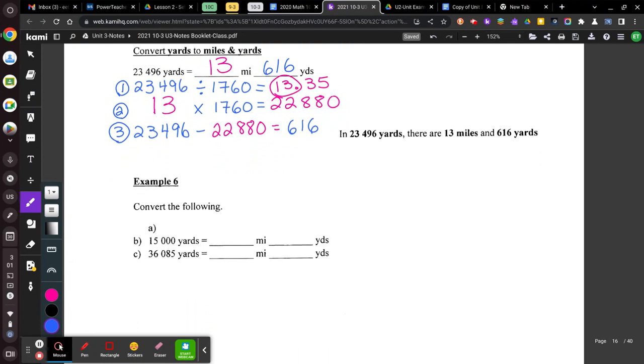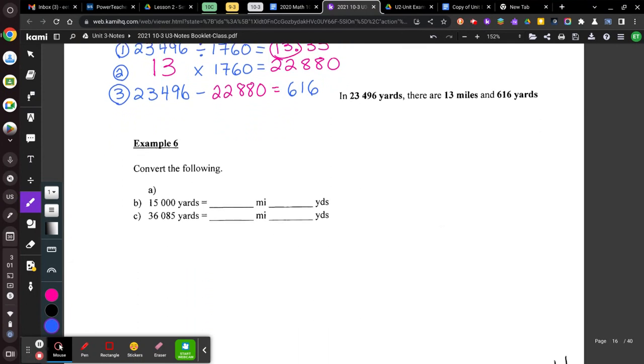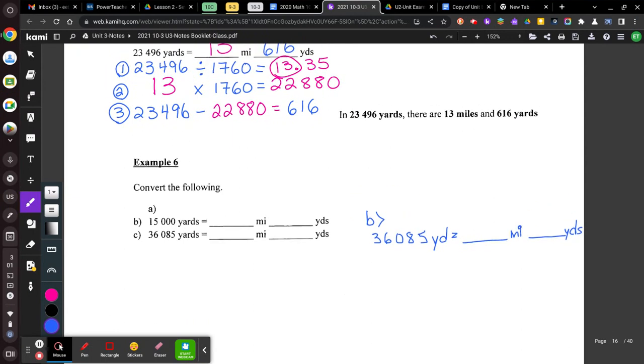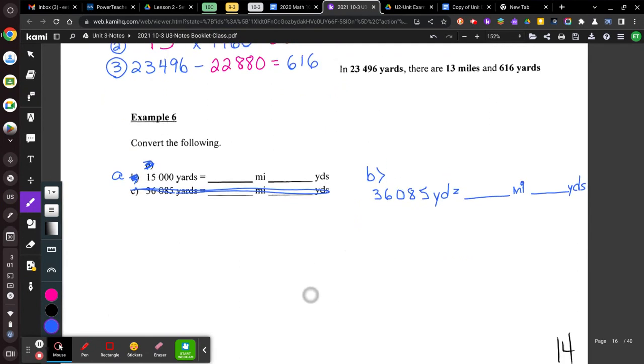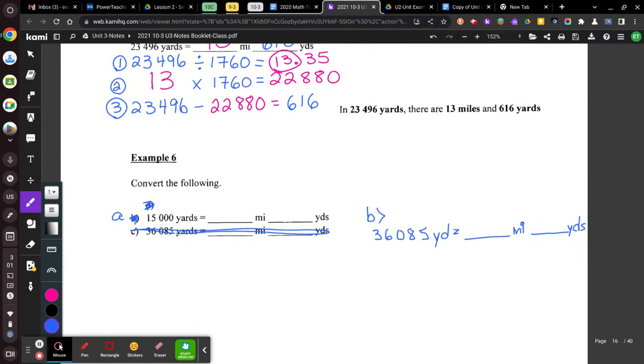Okay, so on the next one, I'm going to do the exact same thing. So I'm going to put B over here, 36,085 yards is miles and yards. We're going to use this guy as A. Okay, so same rules.